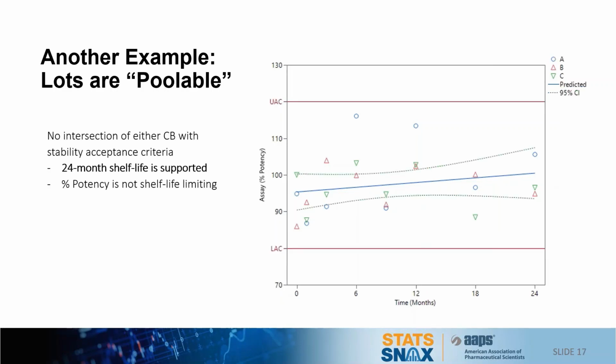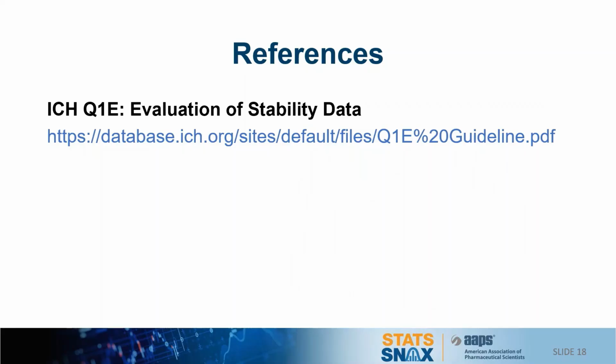This is the final plot used to represent the shelf life model for this attribute. Based on the model, a 24-month shelf life is supported. Further, since the change over time is not statistically significant, we can say that this attribute, potency, is not shelf life limiting. That concludes today's stats snack on fitting a model to stability data per ICH Q1E.